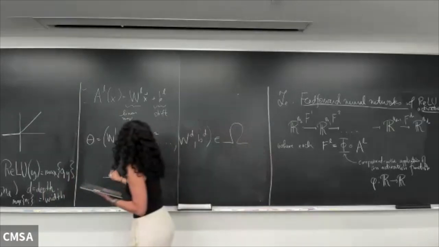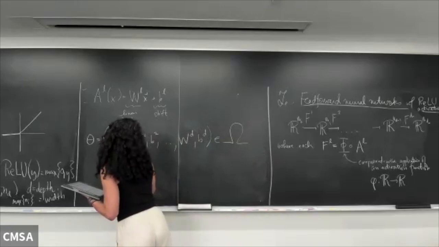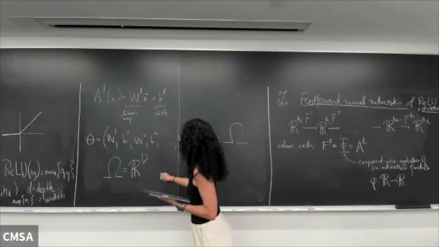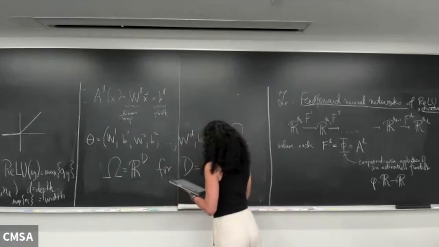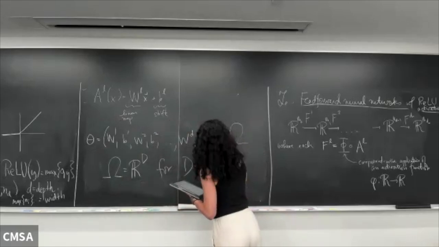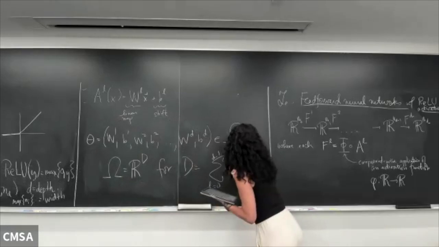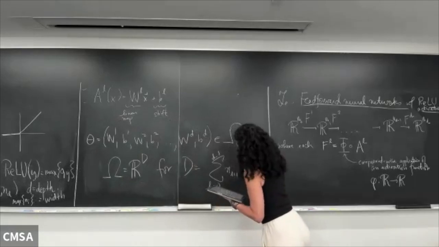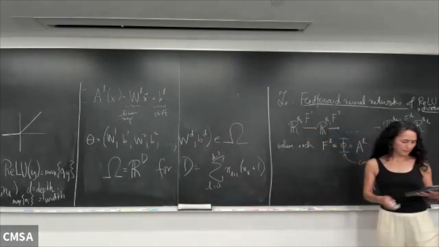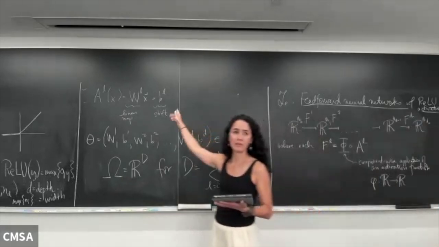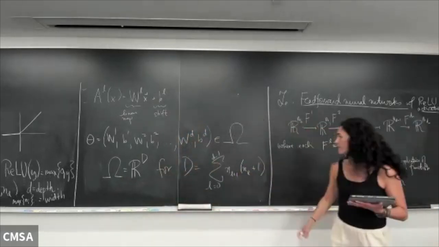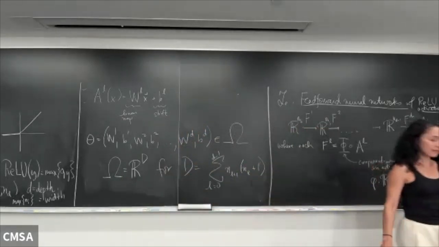So Omega is just R to the D, equal to, well, you can check my work here. Okay, so it's just, yeah, you just count the dimensions of all these matrices. And this is the dimension of the parameter space.